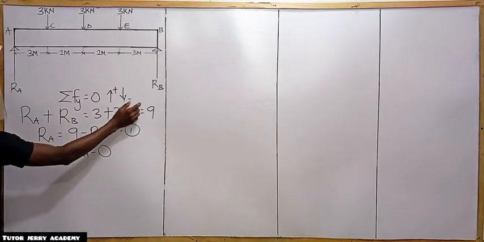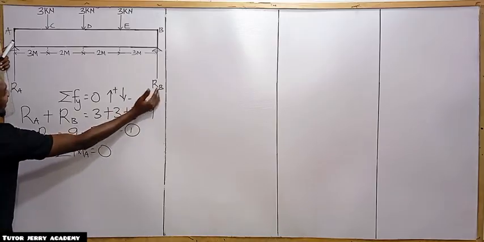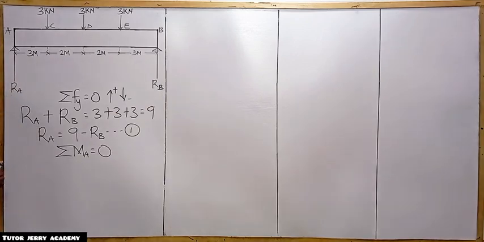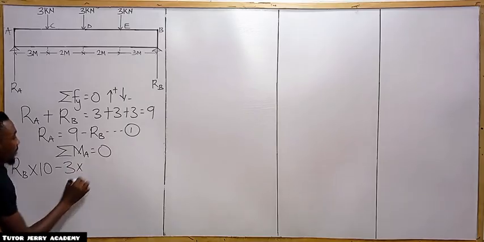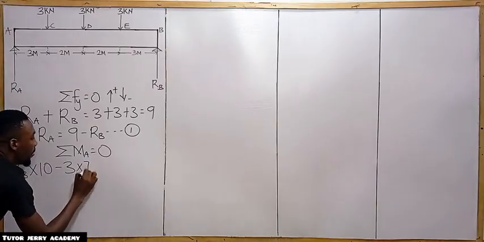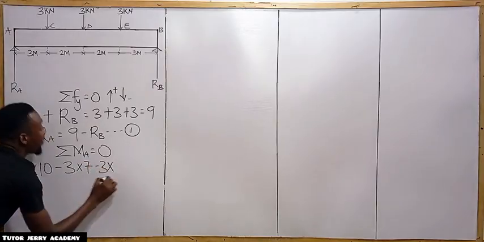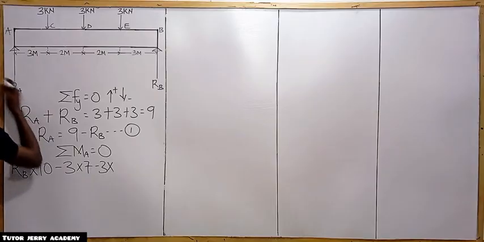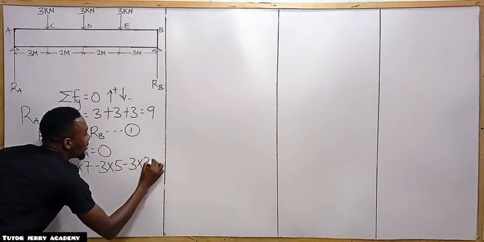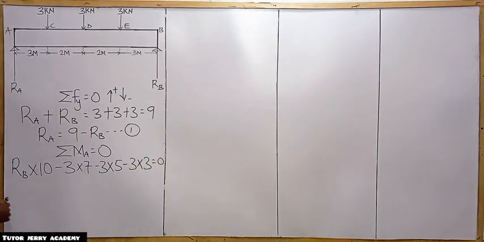Here we are standing at this point, taking our moment towards this side. So reaction at B multiplied by the total distance, reaction at B multiplied by 10, minus 3 multiplied by the total distance of 7, then minus 3 multiplied by the total distance of 5, and the last 3 multiplied by 3, everything equals 0.